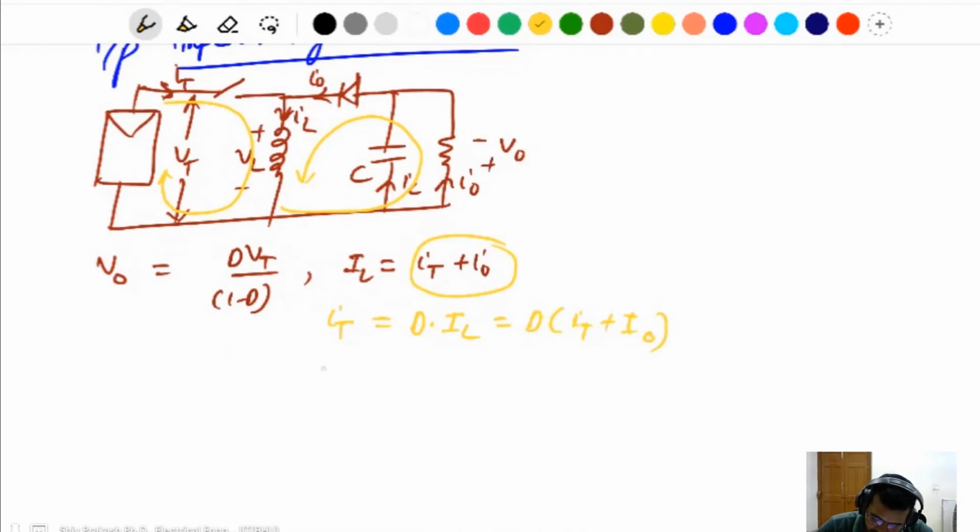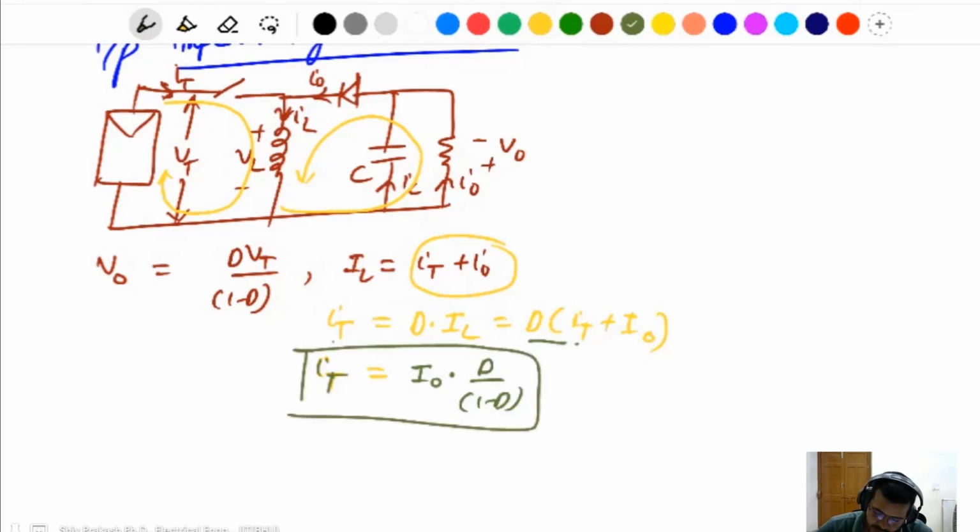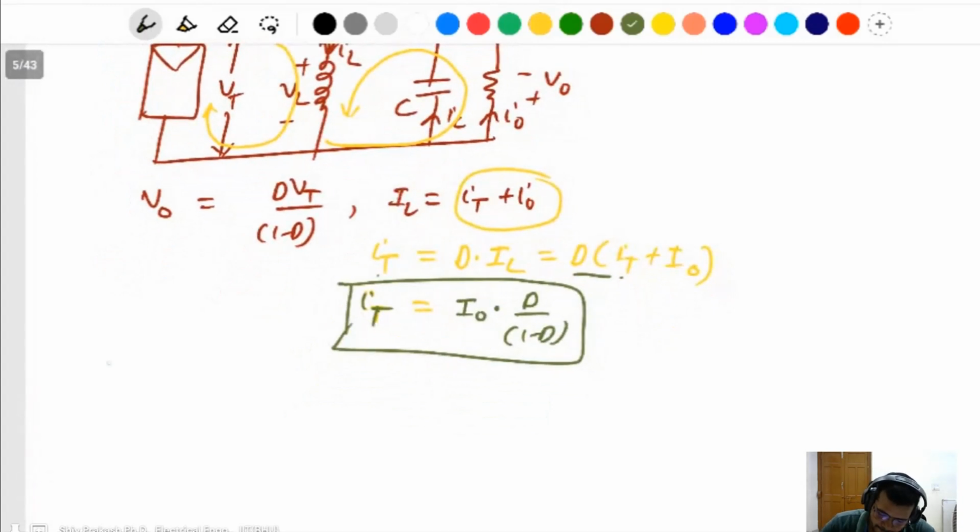Then you can get this It current from here, I naught into D divided by 1 minus D. This will be 1 by this one D It, transfer to the left side, then you find the It. V output by I output is R naught.